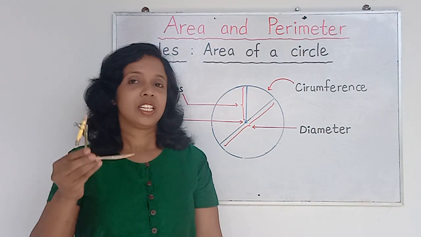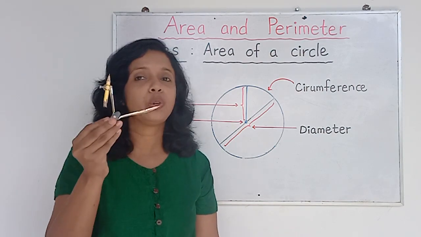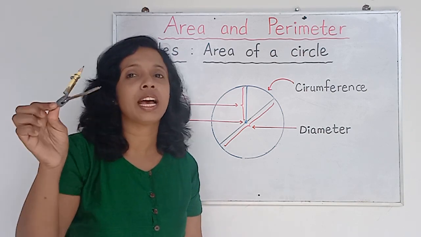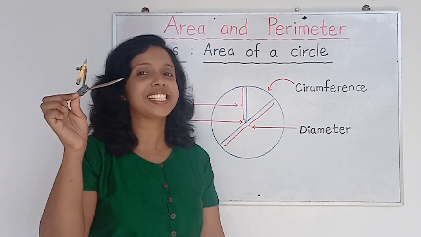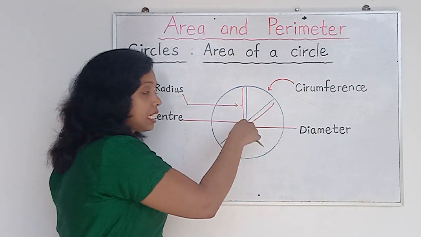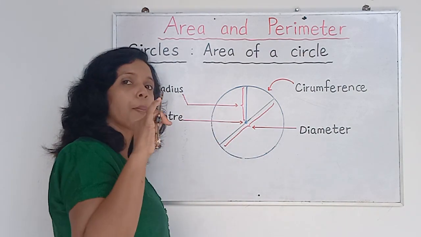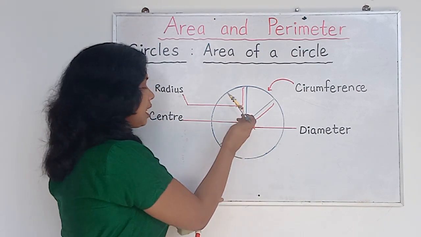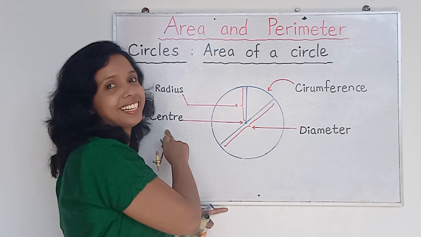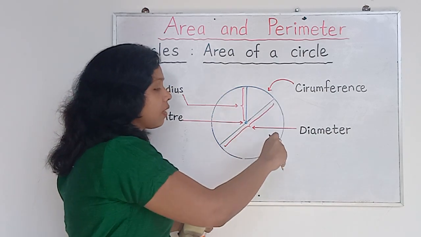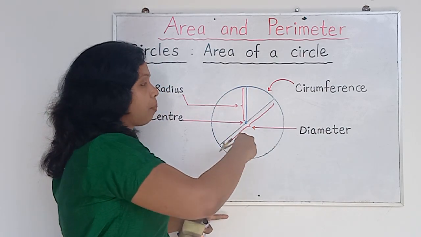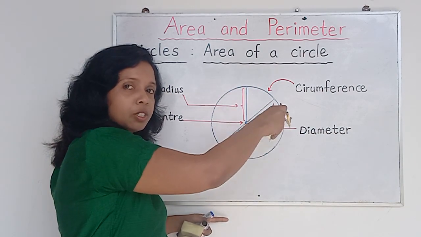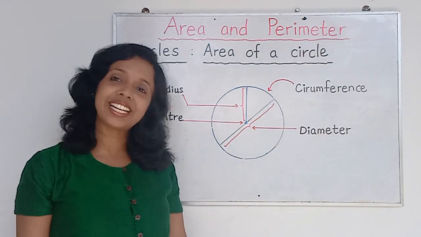Again, I repeat. This is a pair of compasses. We use this to draw a circle. The place where you put the point is the center of the circle, and the line that the pencil draws is the circumference.